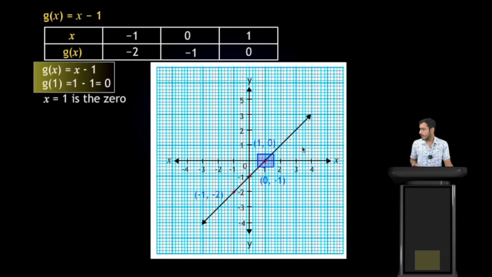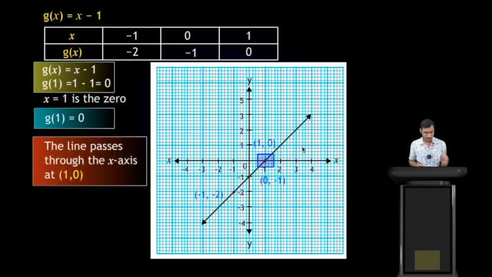So x equal to 1 is the zero. When x equal to 1, on the x-axis the value of g(x) is 0 here. That means when we substitute x equal to 1 in the equation, the value of g(x) is 0.